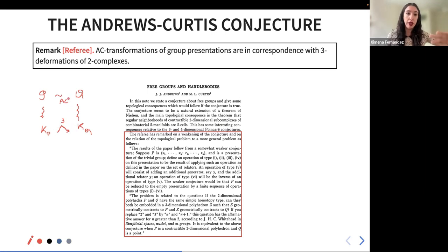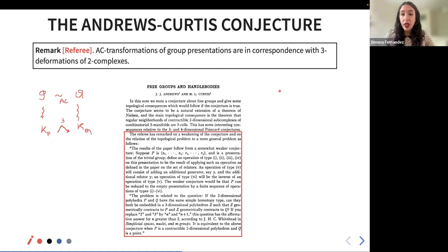And also in the other direction, you have a connection. The referee also mentions that the Andrews-Curtis conjecture can be completely understood in terms of simple homotopy theory by means of this connection.